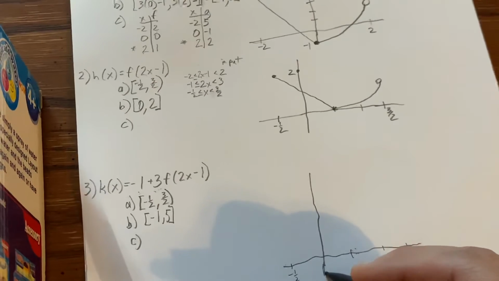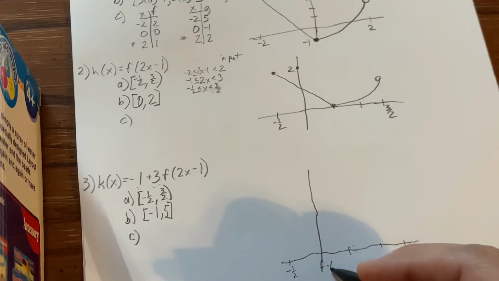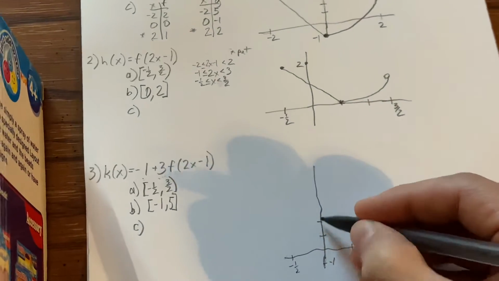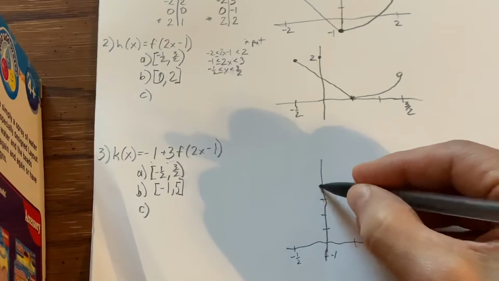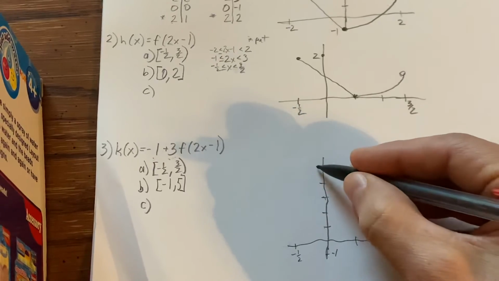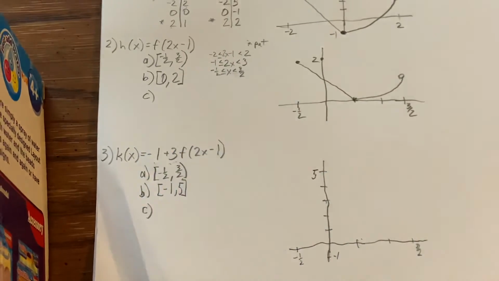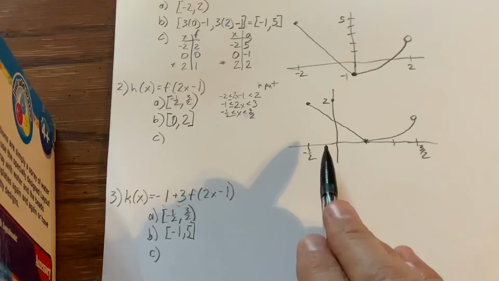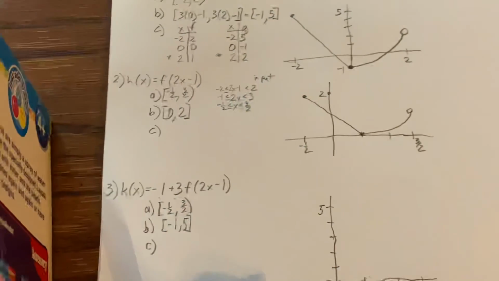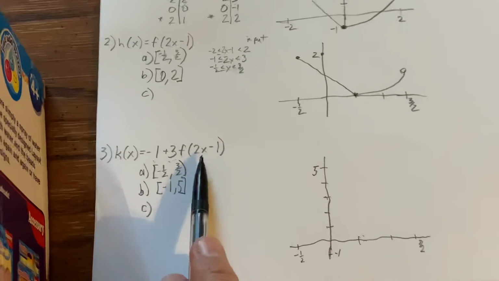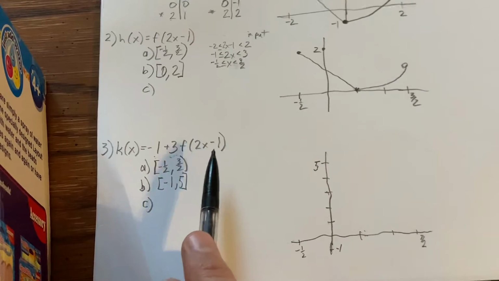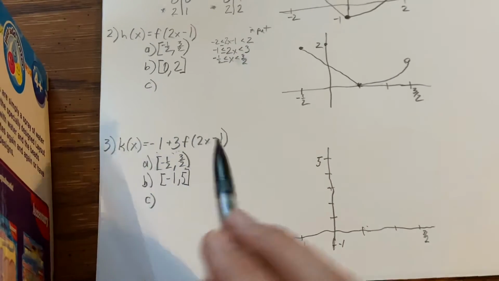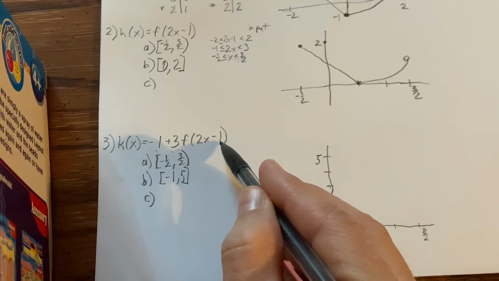Goes down to -1, 1, 2, 3, 4, 5, goes up to 5. So it's sort of a compilation of the horizontal picture that's happened here and the vertical picture that happened here. So on the inside, we're essentially working outside in.